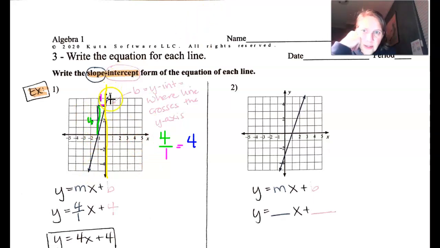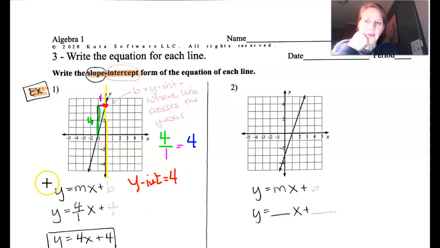It crosses right here, and if we count from 0, we've got 1, 2, 3, 4. So our y-intercept is 4. And this is my terrible writing with my mouse.